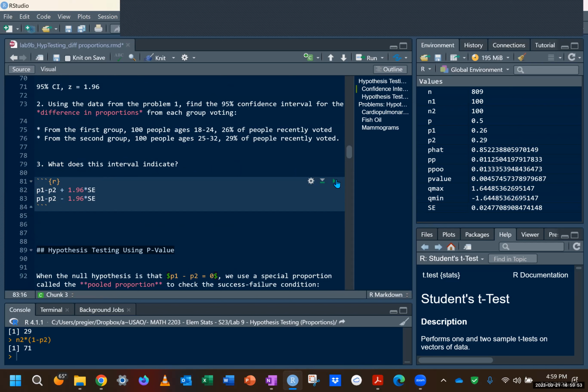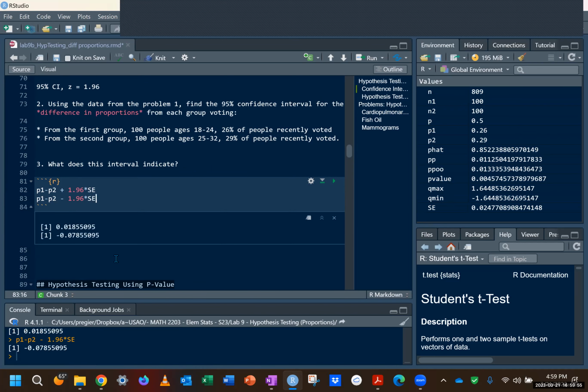So let's look at our interval. Here's the information. This is our 95% confidence interval for the difference of proportions of people voting. You could say ages 18 to 24 versus ages 25 to 32.